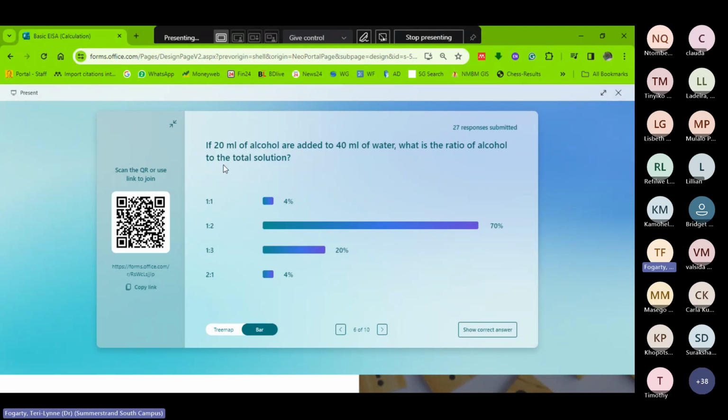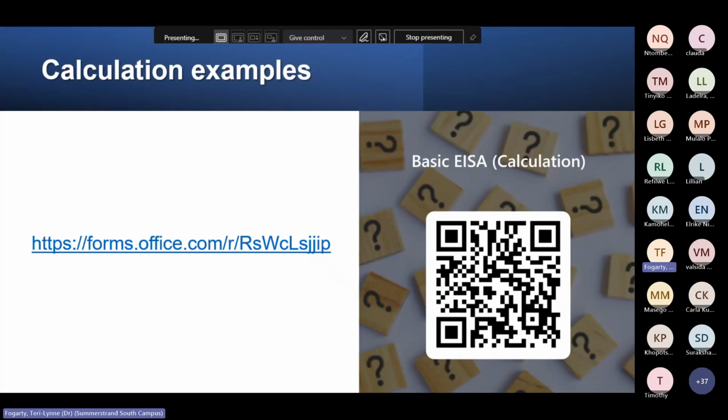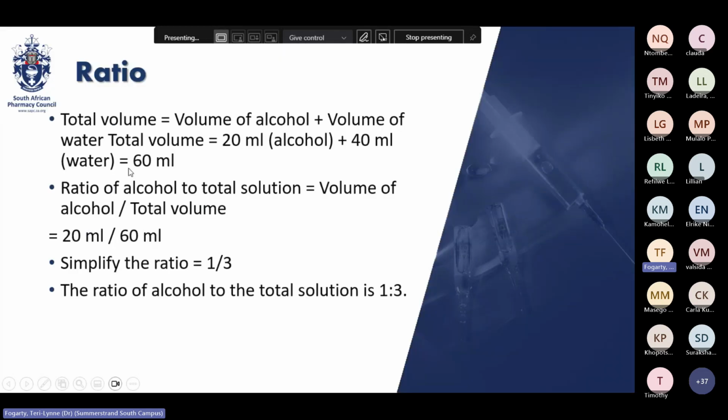You must read the question and make sure you are answering what the question is asking. I'm going to show you the slide with the solution on it. Okay, total volume is the volume of the alcohol plus the volume of the water. And so that means that the total volume is 60 mils, 20 plus 40.